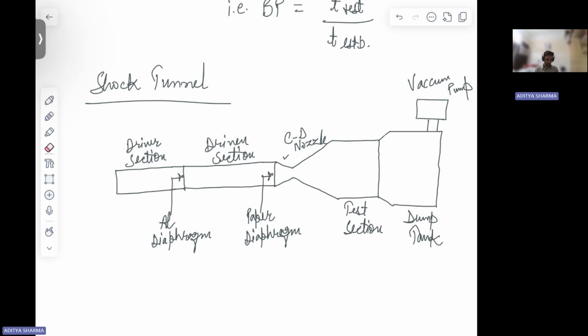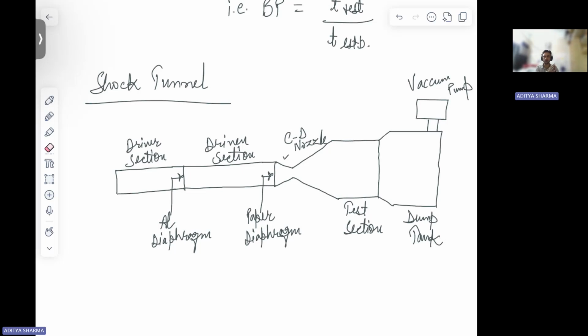So what we will be doing is we will pressurize this driver section first, right? Your driver and driven sections will be separated by a diaphragm. Imagine there are two tubes connected, and in between these two tubes we keep one sheet that separates the two sections. One sheet will be of aluminium.